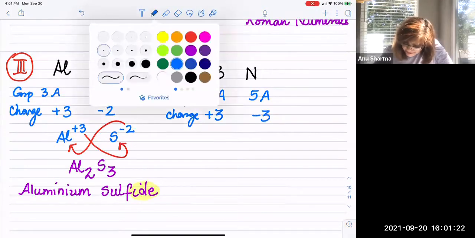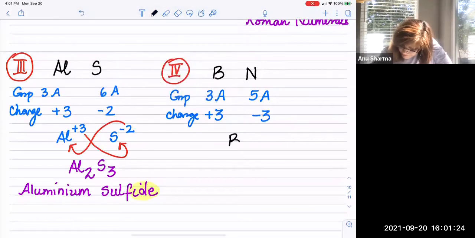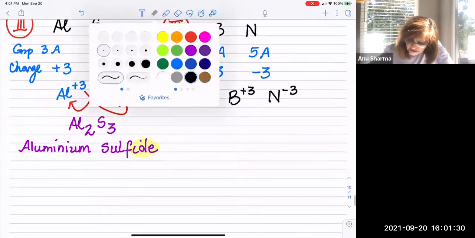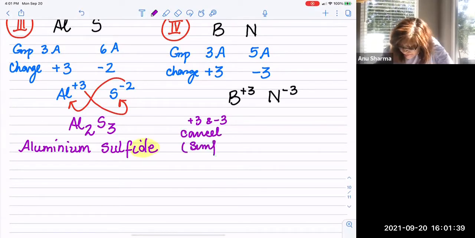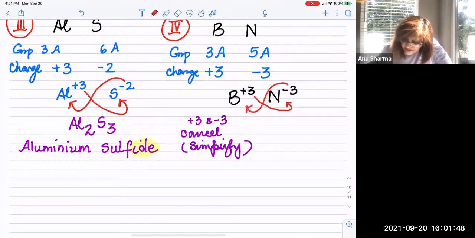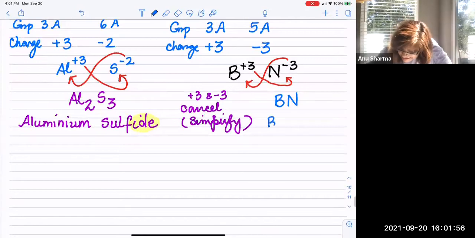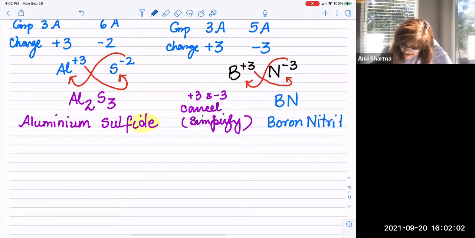So here you are putting the boron +3 charge, nitrogen -3 charge. These charges +3 and -3 cancel out because you need to simplify. When you crisscross, this number comes here and this number comes here, and you simplify to get BN. The name is boron, and nitrogen by itself is nitride, -IDE.